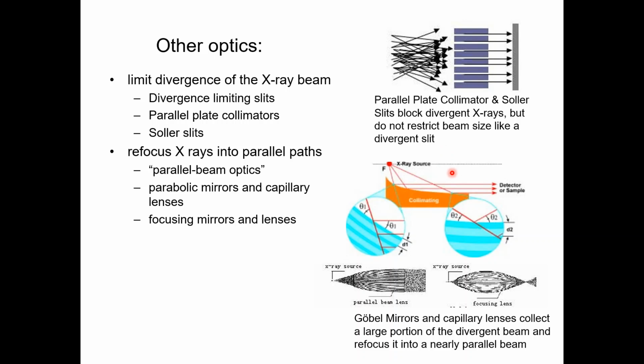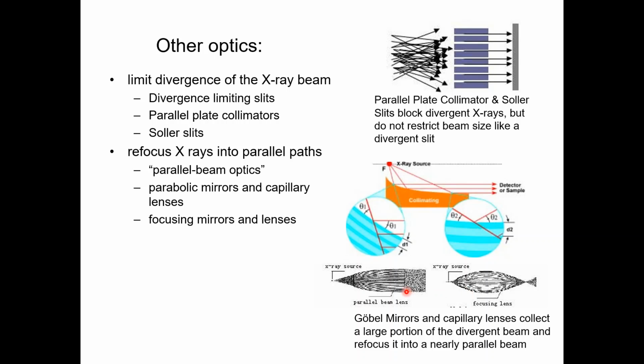For that we use parallel beam optics. Here you can see we have parallel beam optics, which are parabolic mirrors and parallel lenses, that is, focusing mirrors and focusing lenses.